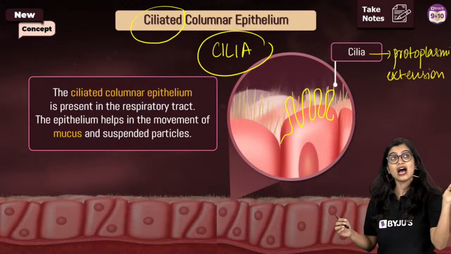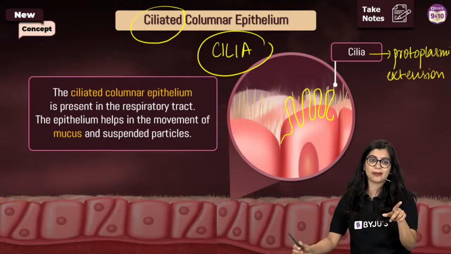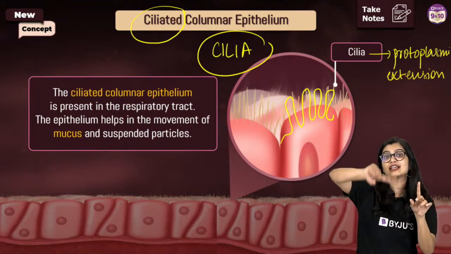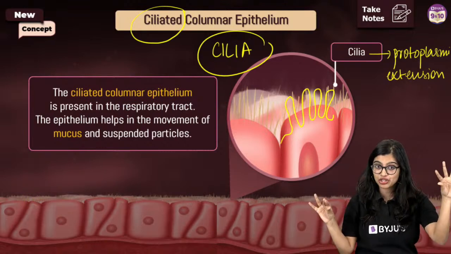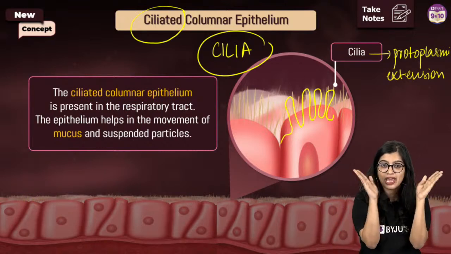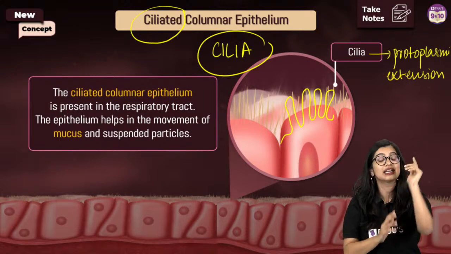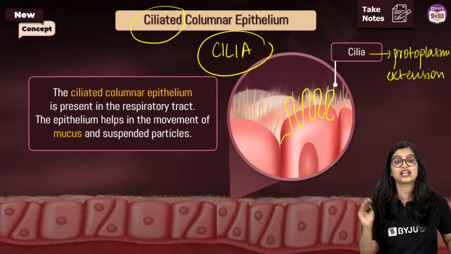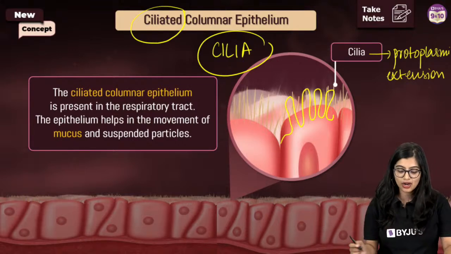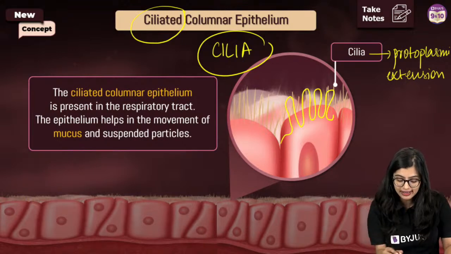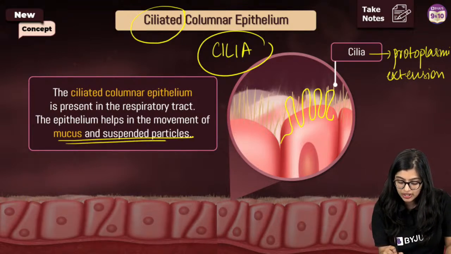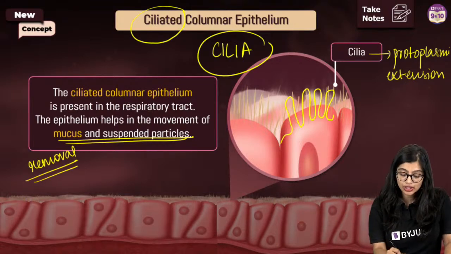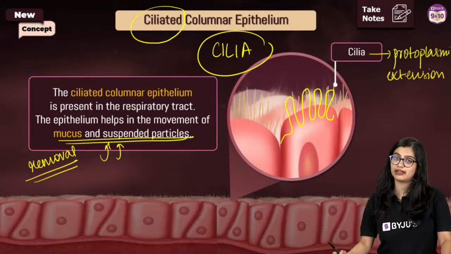Cilia are seen in paramecium, not in euglena. Euglena has a flagellum, a long whip-like structure. But in paramecium, they have small hair-like structures which keep moving back and forth. They lash back and forth, and because of that movement, it allows for the removal of mucus and suspended particles.